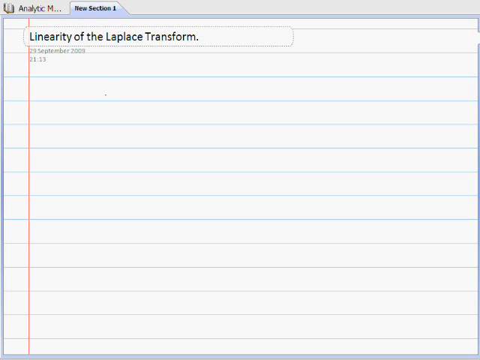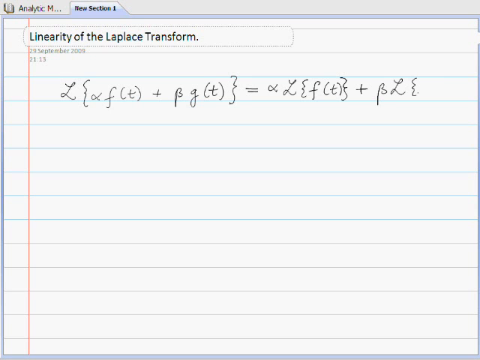So we're talking about a general linear combination of two functions, something of the form alpha f of t plus beta g of t. And what I said was that the Laplace transform of this function is in fact the corresponding linear combination of the individual Laplace transforms.